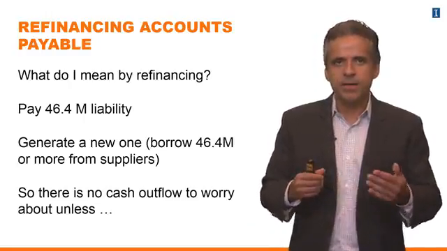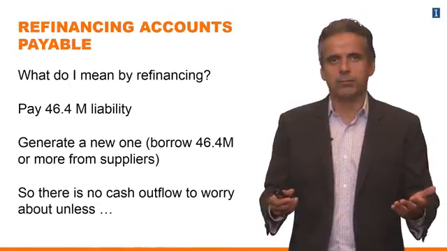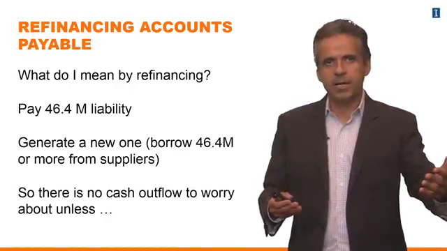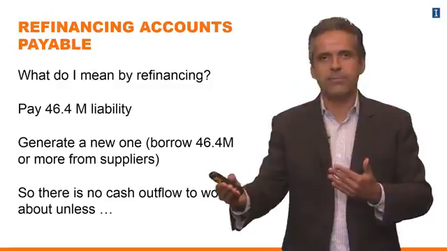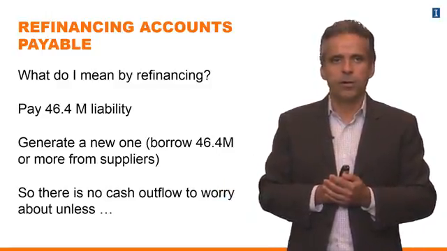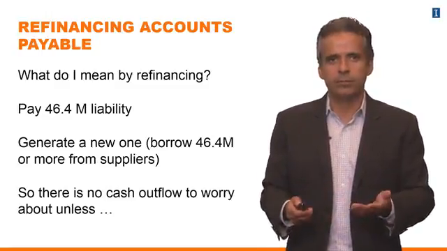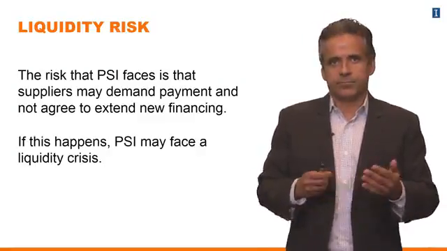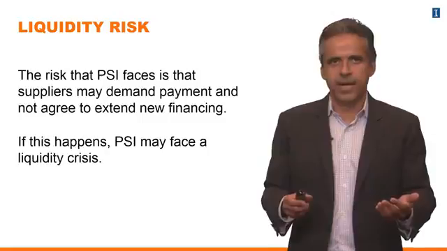What that means is that there is going to be no cash outflow to worry about. Think about this. You pay the liability, but at the same time you're borrowing money from your suppliers because you're generating a new liability for the future. So there really isn't any cash outflow that PSI has to worry about. Unless what? Unless suppliers deny to extend financing.